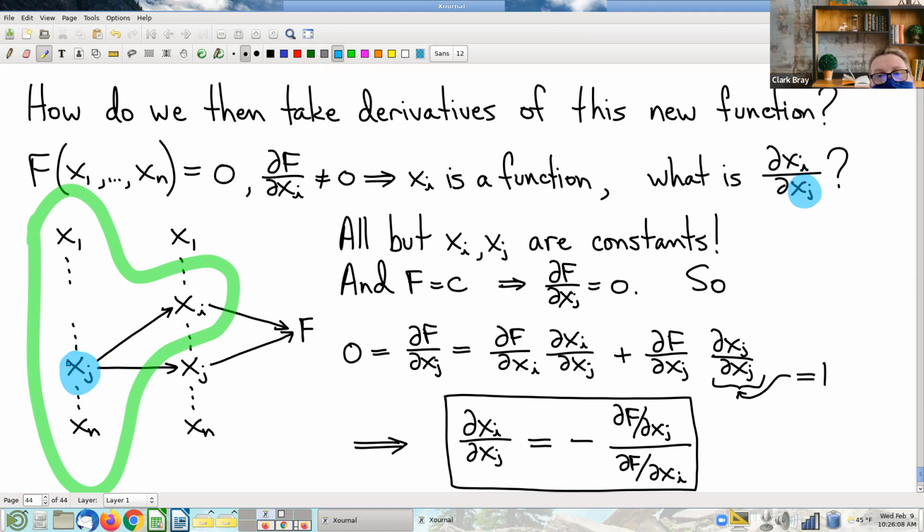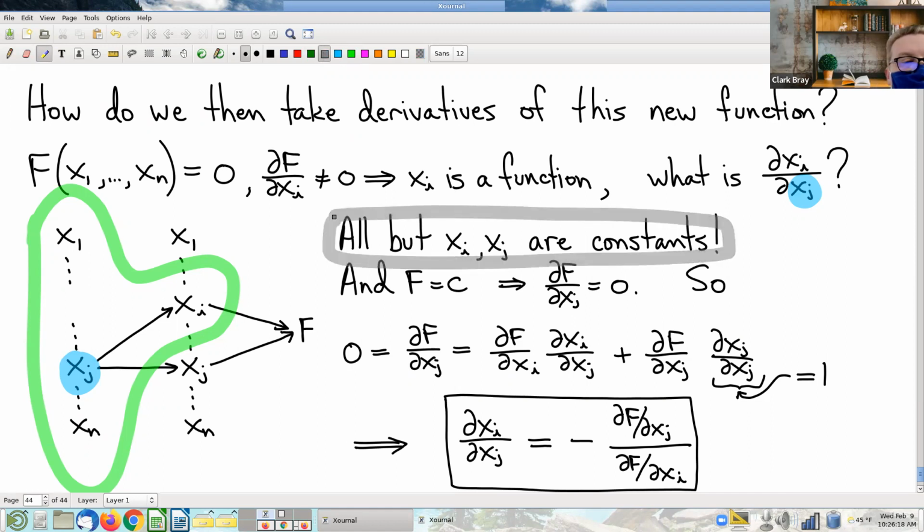Partial derivative means I'm going to vary that variable and all of the other variables are constants, right? So all of the other variables are constants. And let's remember where those other variables are. It's these variables. The xi is not one of these variables. It's not an input variable for this function that I'm taking a partial with respect to.